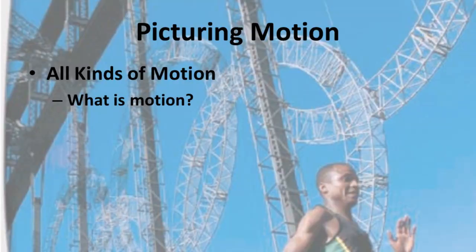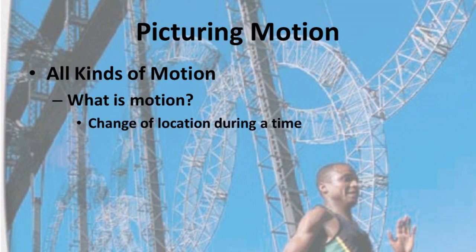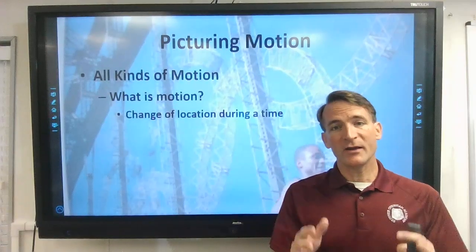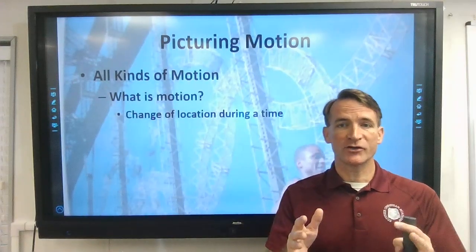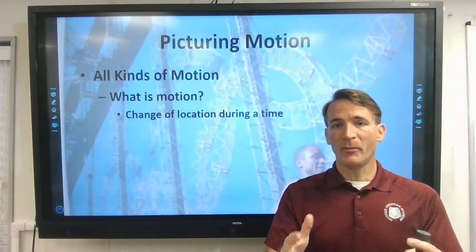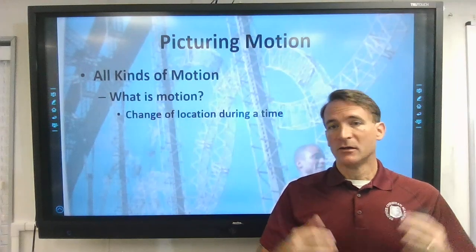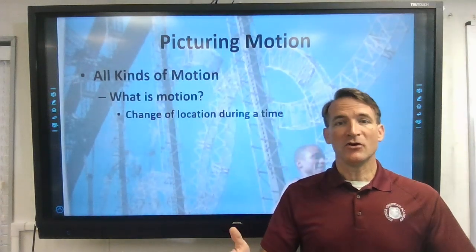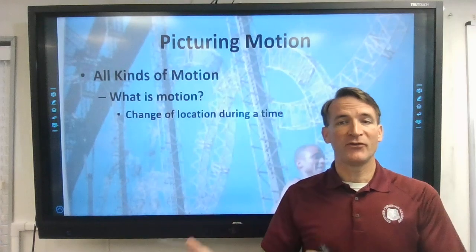So there are all kinds of motion, as I mentioned earlier. But what is motion? Motion is simply the perception that something is changing location. So it's the change in location during a time interval. Now, if I had you close your eyes right now and then open them a second later, you would notice that I did not change positions.